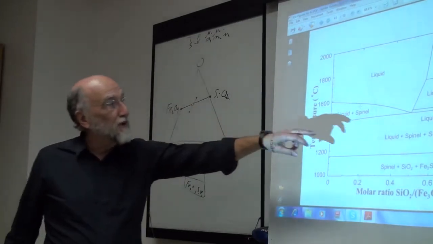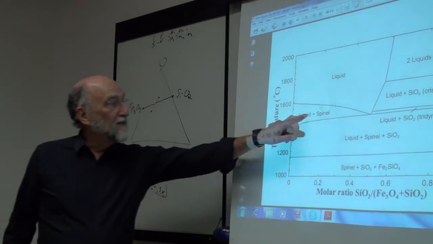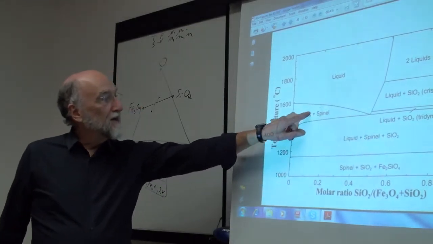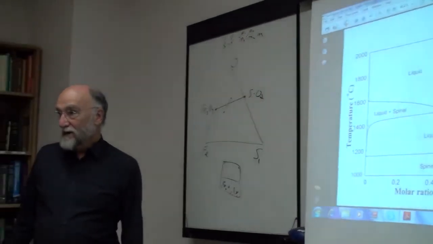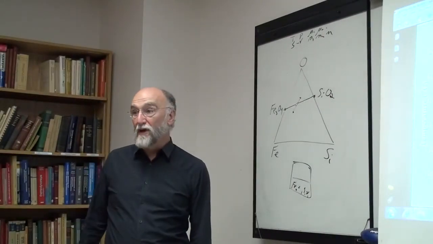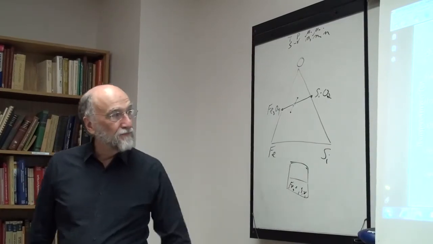But in the two-phase region, the liquid plus spinel, the liquid is not necessarily exactly Fe3O4. The liquid can contain some iron 2 plus as well. In this case, it's not too far from being quasi-binary, but it certainly isn't exactly.